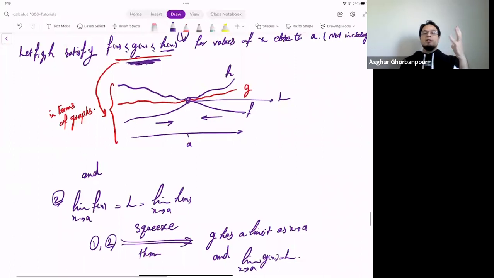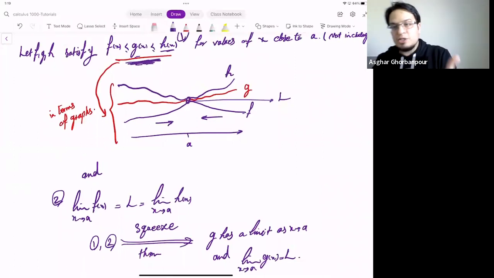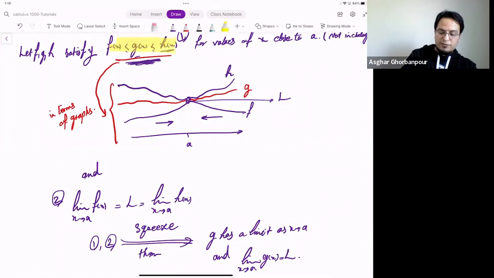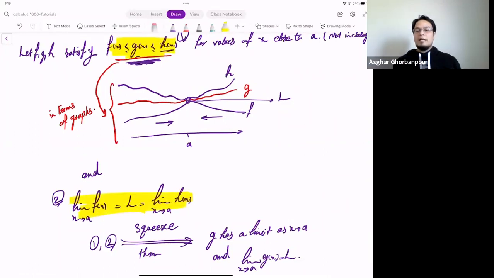Important thing is that the squeeze theorem is a tool. It will start working if you have these two conditions for your functions. It's like, okay, I have this drill and I want to make a hole in the wall. The first thing is that I have to plug it in, and the second thing is that I have to push the button, otherwise it won't work.